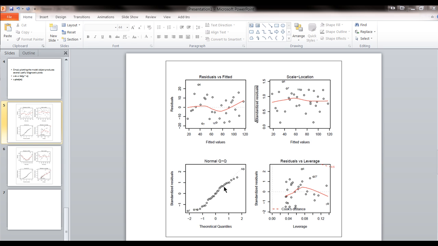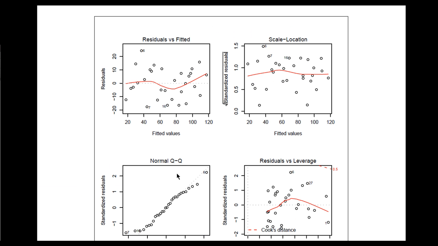I'll try and blow that up in a second, indicating that the residuals follow a normal distribution. That's also good. Here you can see the line just very lightly. The scale location and the residuals versus leverage, actually I'm not quite sure what these mean, but supposedly they're both in a group with none too far from the center, and that's supposed to be good also, I believe.